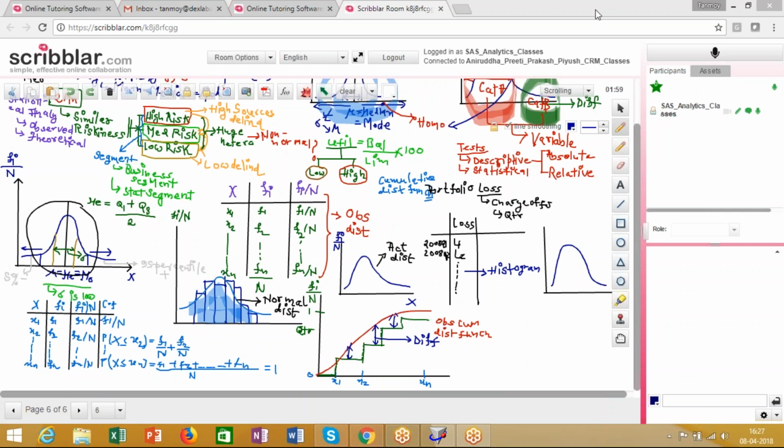So over here you have the observed distribution function, and then you have the CDF of the reference distribution.